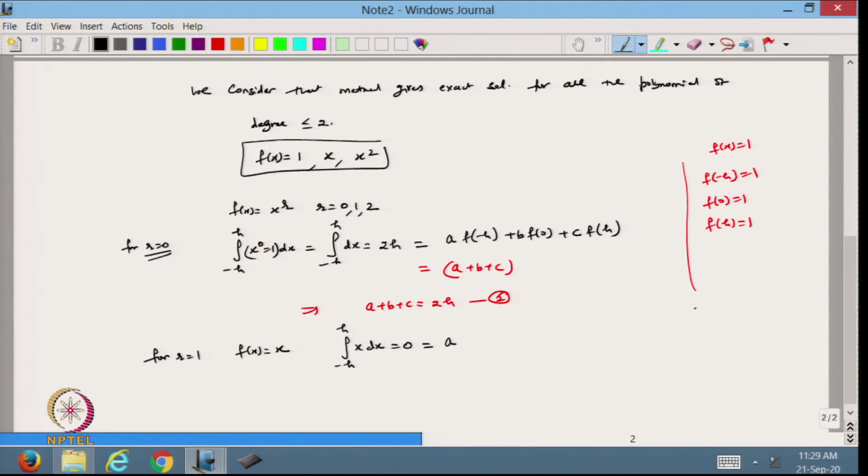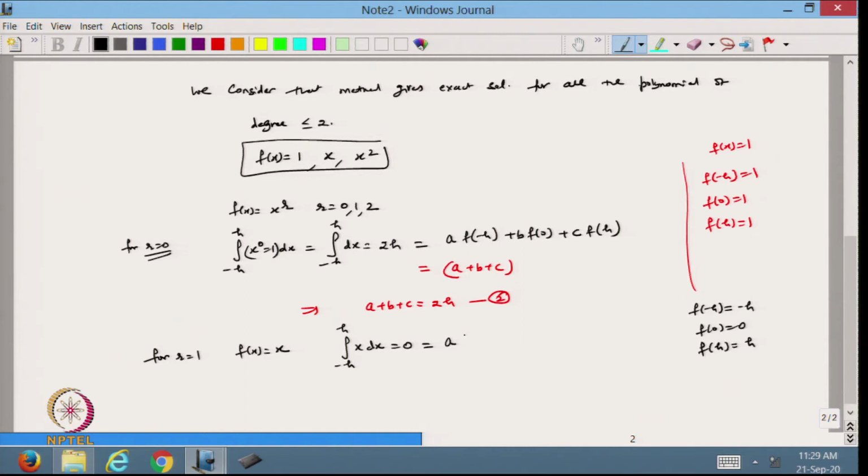What will be the value of f of minus h? It means I am putting x is equal to minus h, so the value of the function will be minus h. f of 0 will be 0, f of h will be h.